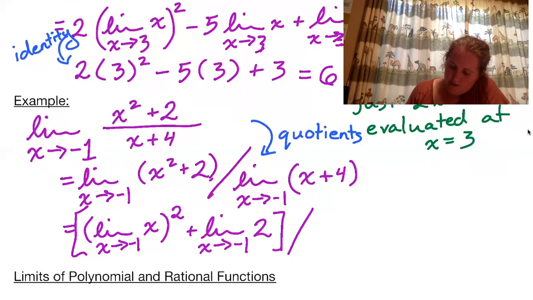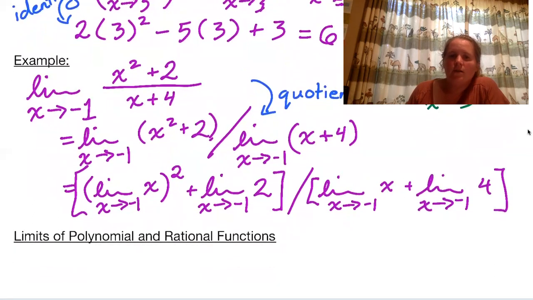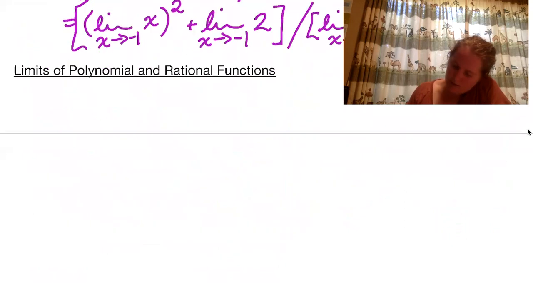And that is all being divided by the limit as x approaches -1 of x plus the limit as x approaches -1 of 4. So that's using our addition rule and our power rule for the numerator and just the addition rule for the denominator.